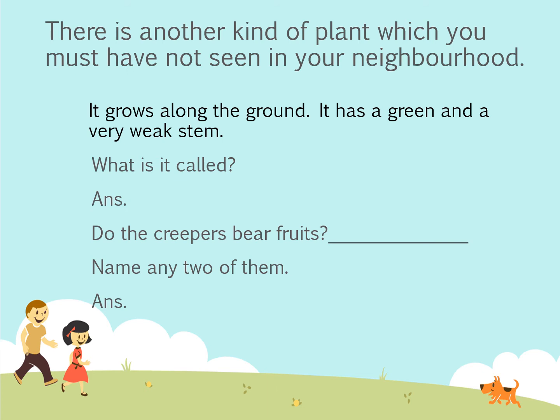As they are smaller plants that simply seem to crawl on their bellies along the ground. Do the creepers bear fruits? Yes, they bear fruits. Name any two of them. Watermelon and muskmelon are the examples of creepers.